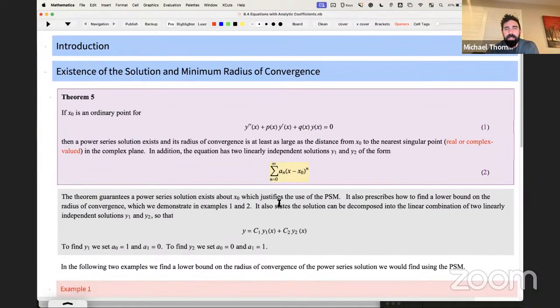But we could find two specific ones by setting whatever we get for the solution using the power series method: setting a_0 equal to 1 and a_1 equal to 0 will give us one linearly independent solution. Or we could set a_0 equal to 0 and a_1 equal to 1, and that'll give us the other corresponding linearly independent solution.